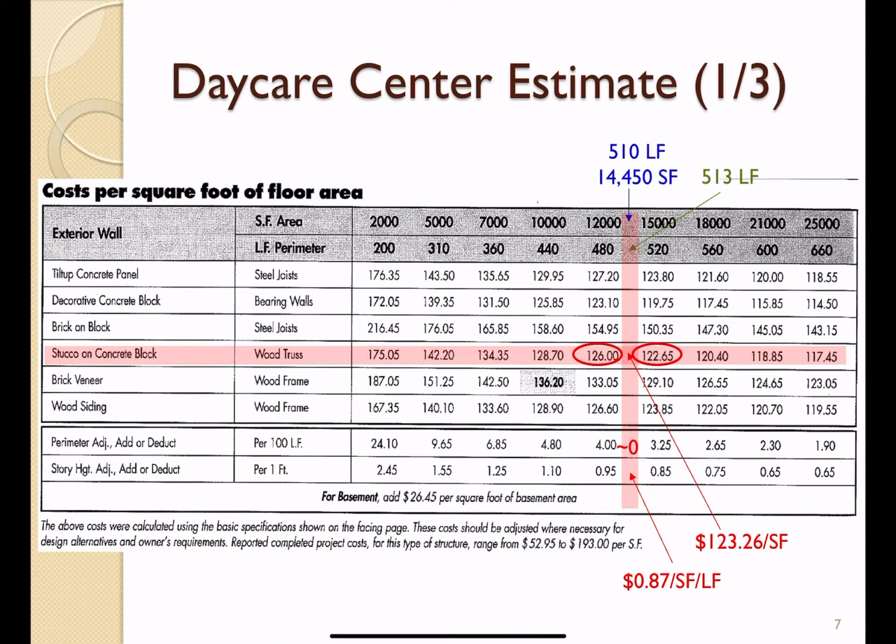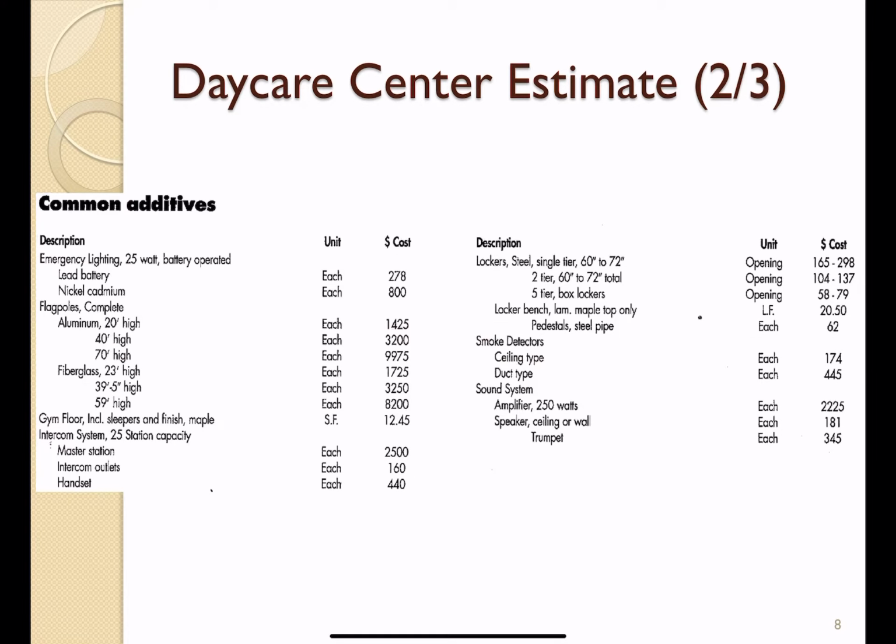So with that, we go to this information in the slide, and you have the basement at $26.45 per square foot of basement area. Basement area 10,000 times 26.45, we get the additional cost for the basement. For the gym floor, go to the common additives for the daycare center.